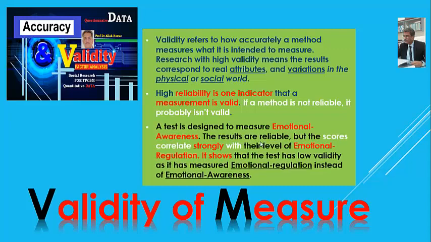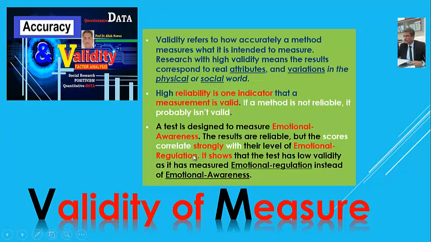A test is designed to measure emotional awareness. That is an example: a test which was designed to measure emotional awareness, the results are reliable as per the tests of reliability, but the scores correlate strongly with their level of emotional regulation, a second variable.